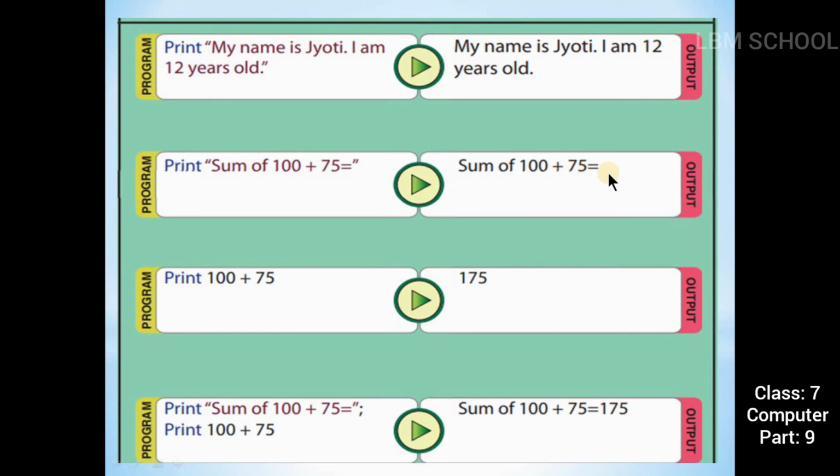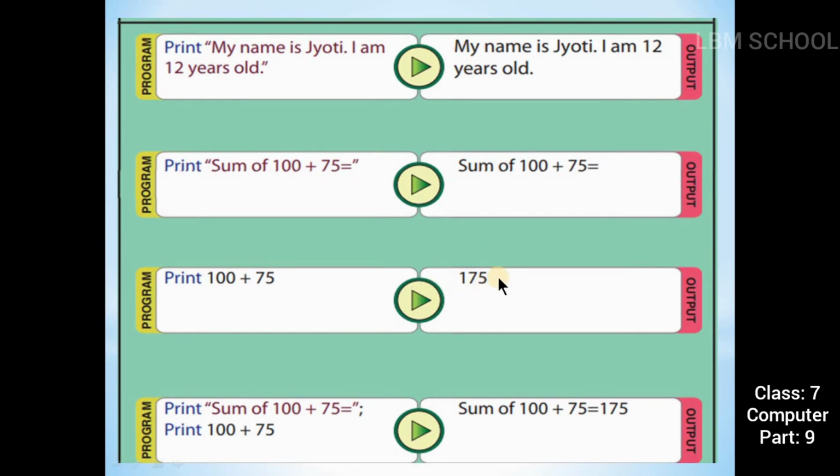Now we want to display the result of 100 plus 75. How do we write it? We write print 100 plus 75. See, the result is given: 175.